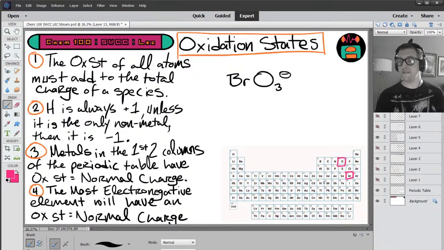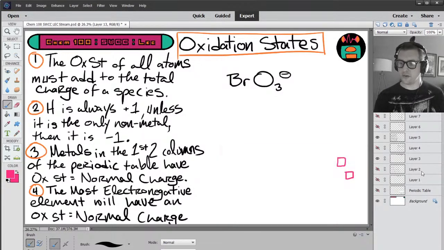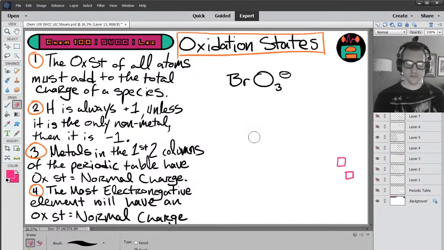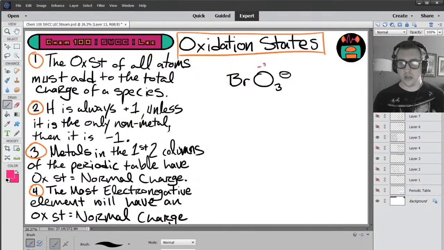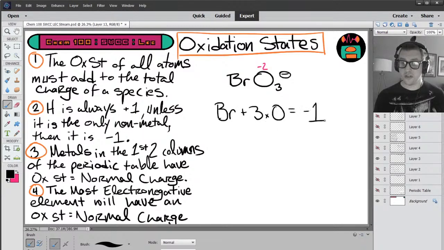Oxygen's more electronegative, and its regular ionic charge is -2. So oxygen takes its regular ionic charge for its oxidation state, and now we can solve for bromine because we know that the oxidation state of bromine plus the oxidation state of 3 oxygens is equal to our total charge in this molecule, which is -1.